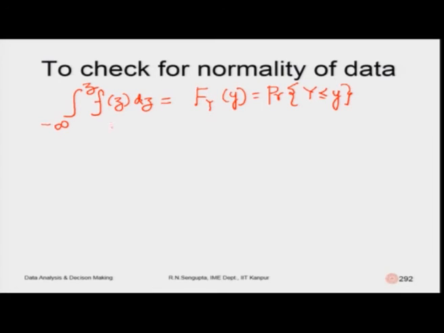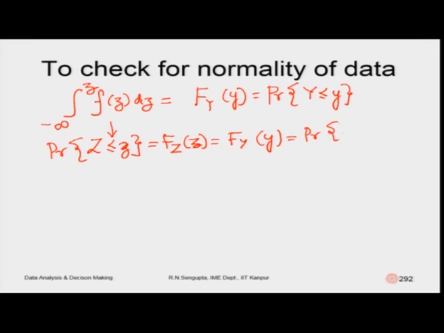This is also equivalent to probability of capital Z less than or equal to small z. So, this is what we want to ensure: small z is equal to capital Y. Probability of Y is equal to y.